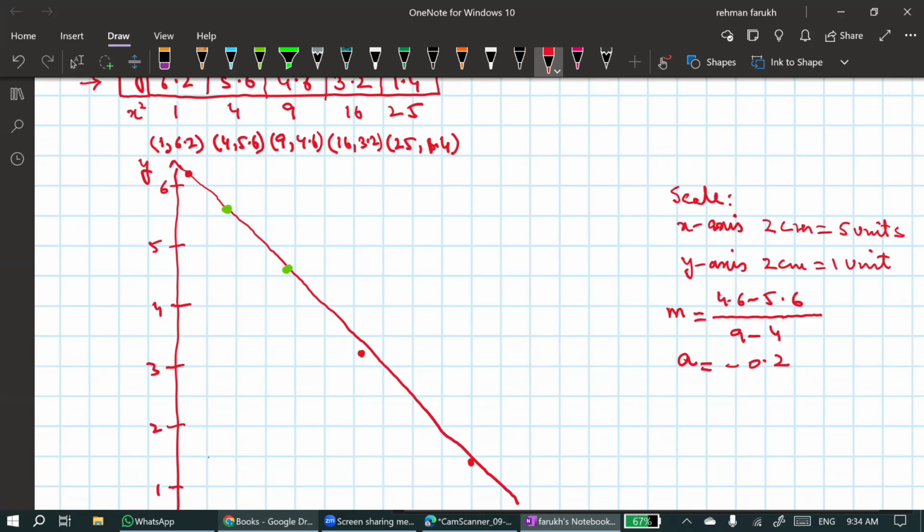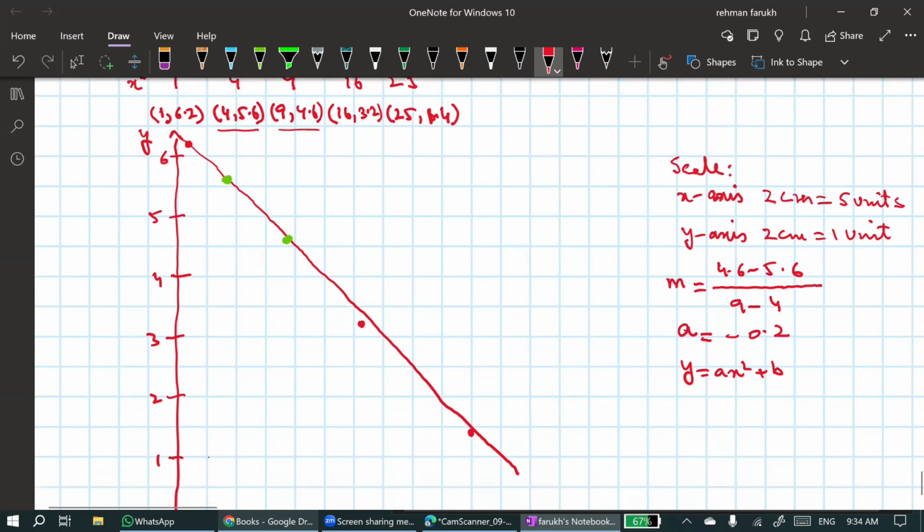Now we want to find out the value of b. We know that the given equation is y is equal to ax square plus b. Now we will put one of the two points into this equation to find out the value of b.